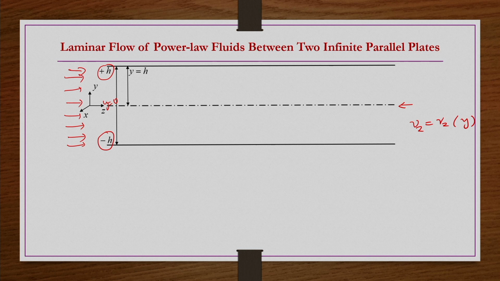And then, what stress components are going to exist here? There are 9 stress components in any flow field in general. Out of which, in this case, since the flow is in the z direction and varies in the y direction, we are going to have only the tau yz component of the shear stress.